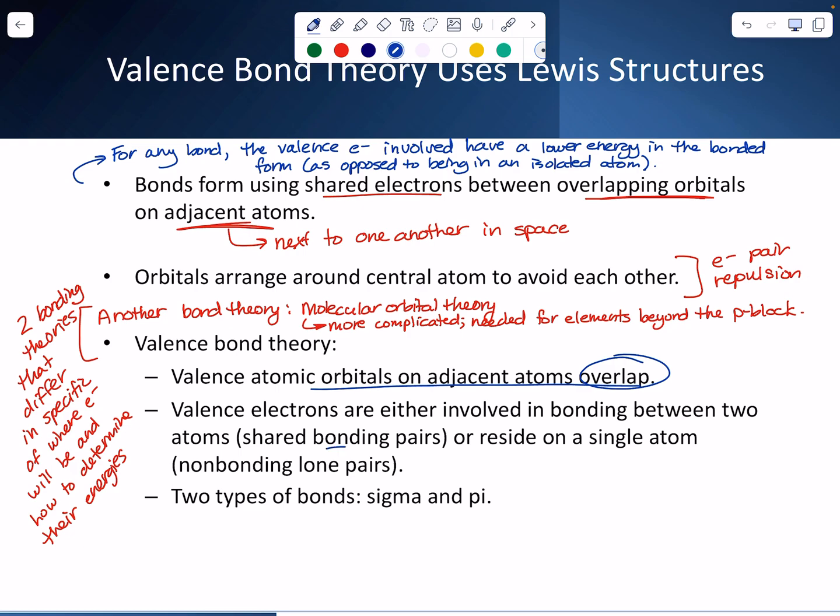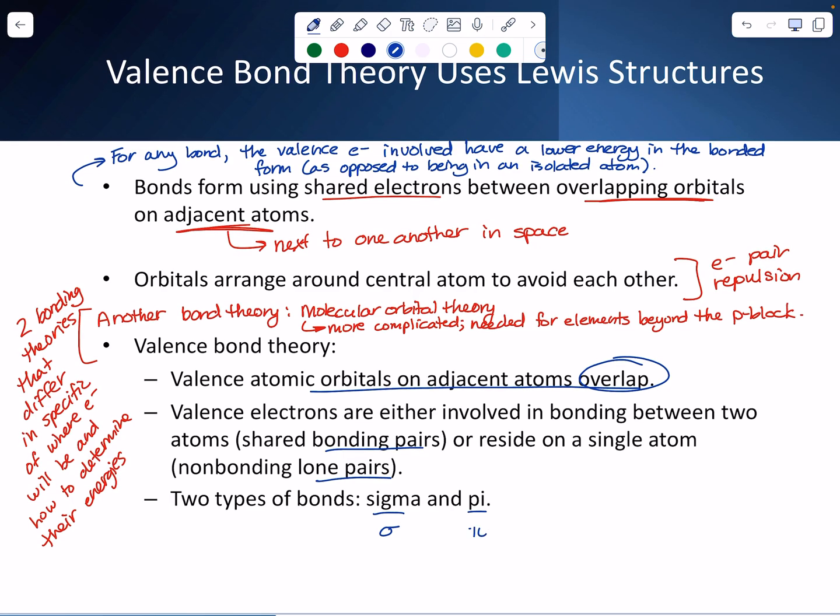So we've got our bonding pairs and our lone pairs. That's nothing new to us. And valence bond theory defines two types of bonds, a sigma bond and a pi bond. For sigma bond, we use a lowercase Greek letter sigma. For pi bonds, we use a lowercase Greek pi.